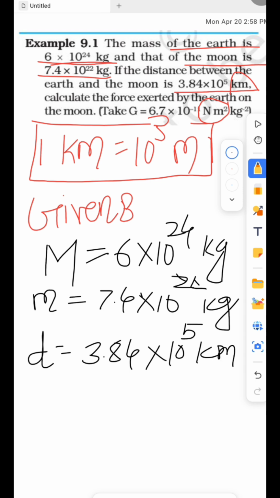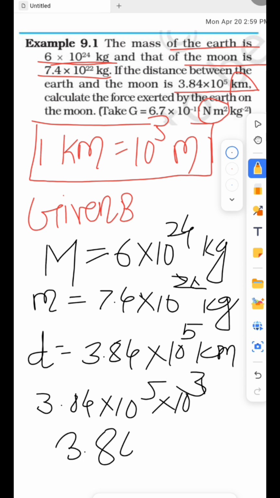But we don't want kilometer, so we will multiply this by 10 to the power 3. So we multiply 3.84 into 10 to the power 5 into 10 to the power 3. Whenever we multiply the powers, they get added. So we get the distance 3.84 into 10 to the power 8 meter.